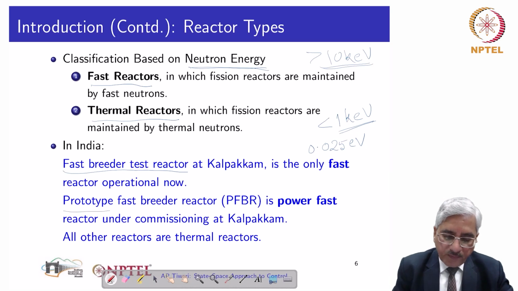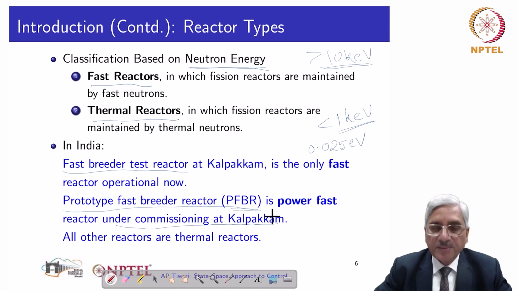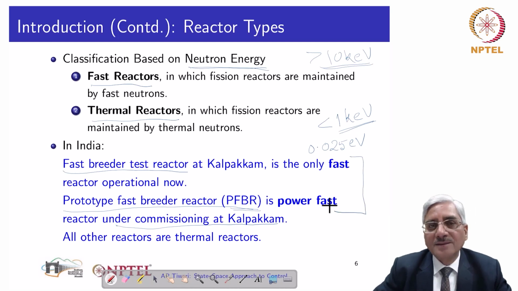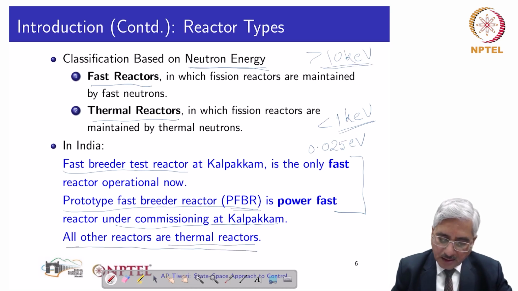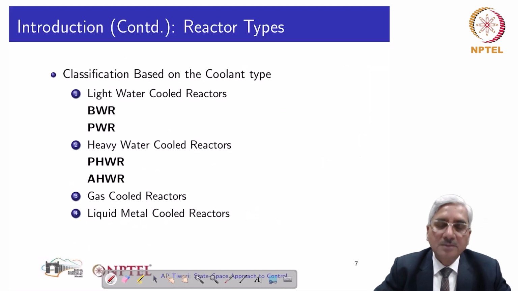Of course, a prototype fast breeder reactor, PFBR, 500 megawatt, is under commissioning at Kalpakkam, same place, a few kilometers away from the fast breeder test reactor, and in the vicinity of the Madras Atomic Power Station, which is a PHWR unit. So these are the only two fast reactors in our country, in India. Remaining all reactors are thermal reactors. We keep in mind this.